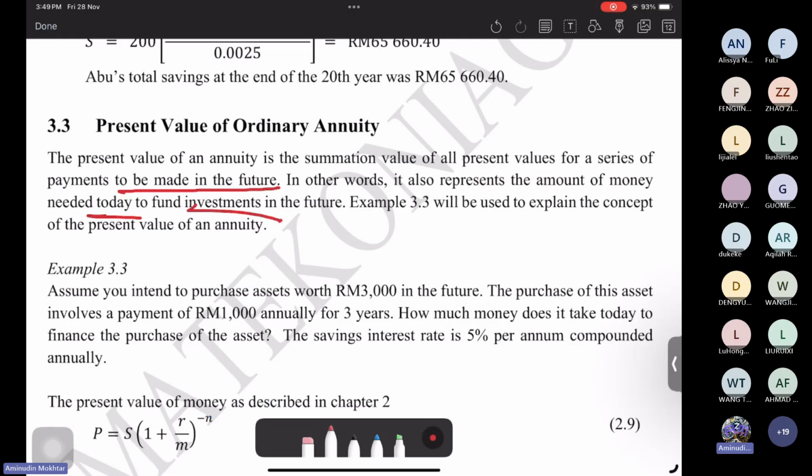Okay, for example, let's say we assume you intend to purchase an asset worth 3,000 in the future. The purchase of the asset involves a payment of 1,000. Let's say you need to pay 1,000 annually for 3 years.